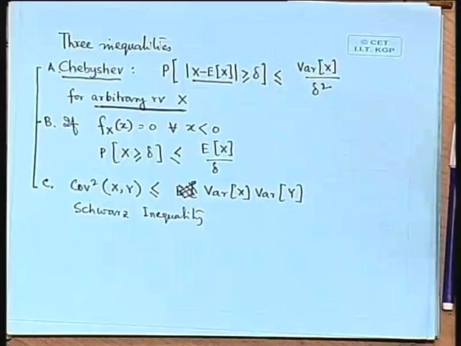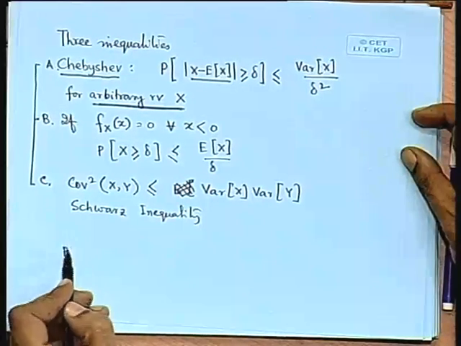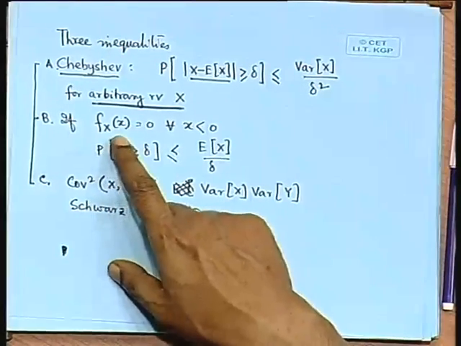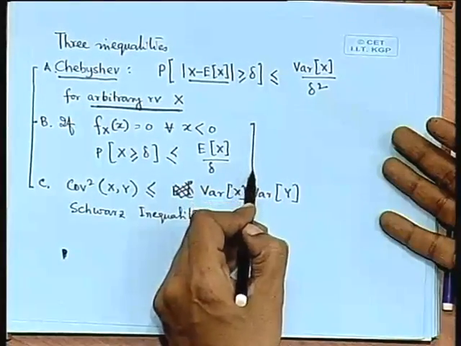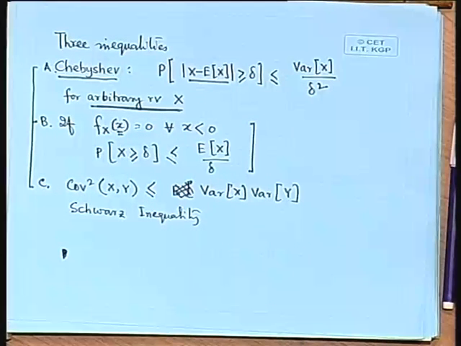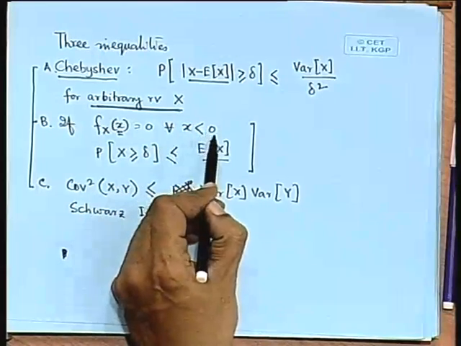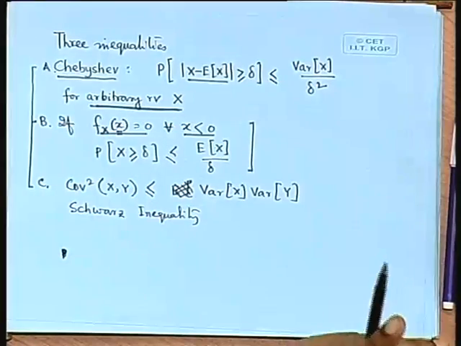Okay, let's first cover these things. There is another inequality which says that if you have only positive random variables, that is, the random variable does not take negative values, so f(x) is 0 for all x less than 0, which means that the random variable capital X takes only positive values.